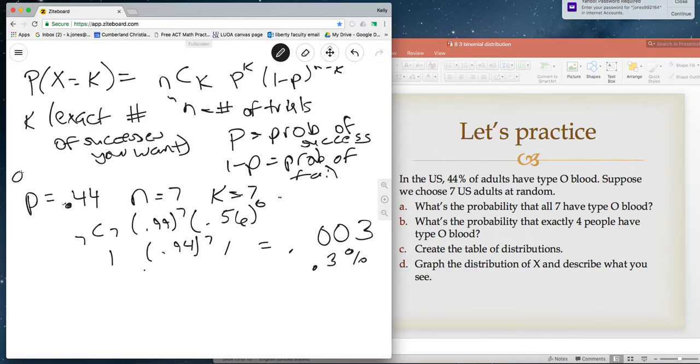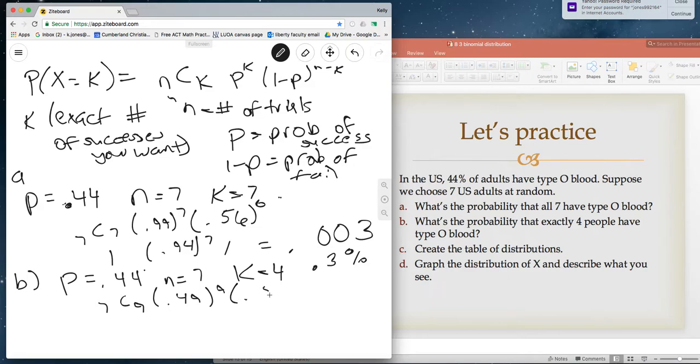So that was A. B says, what is the probability that exactly 4 people have it? Well, my P stays the same and my N stays the same. But now the K changes to 4 because I've changed how many people I'm interested in. So I do 7C4 now, times 0.44 raised to the 4th power, and 0.56 raised to the 7 minus 4, which is 3.